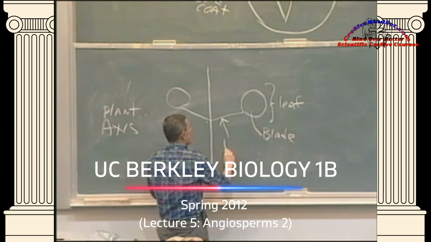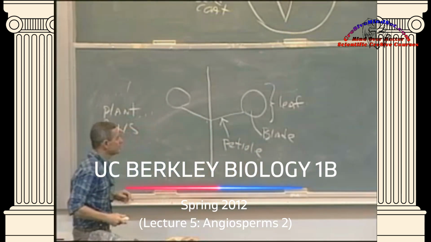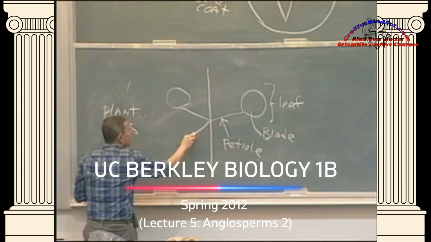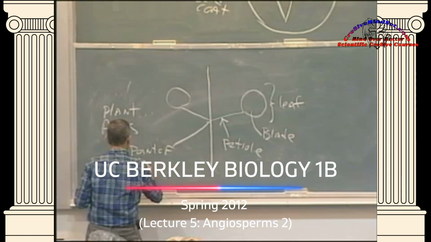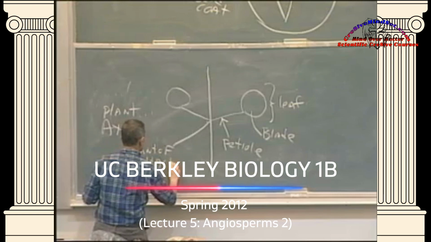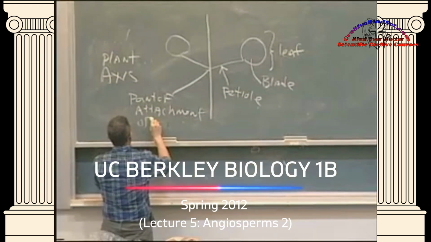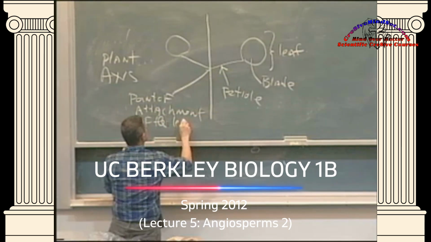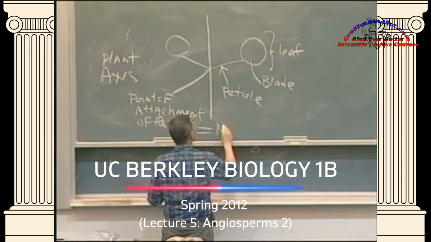And we call this the petiole. This point of attachment of the leaf is given a special name. We call this a node.